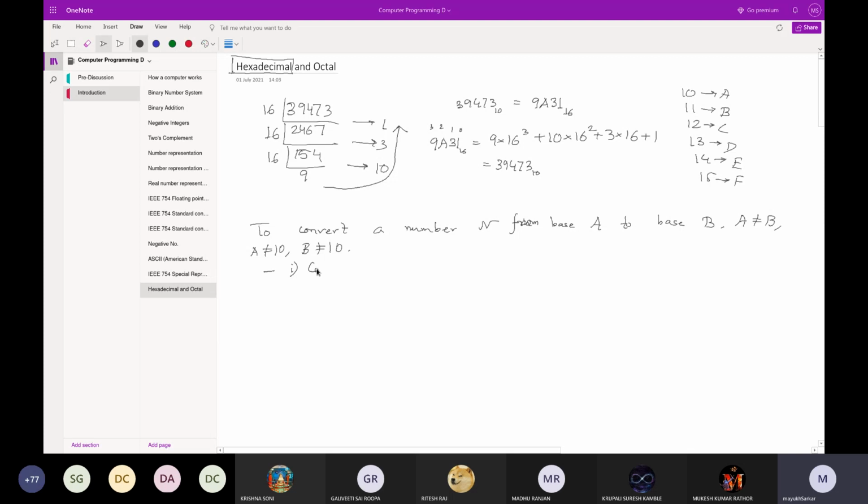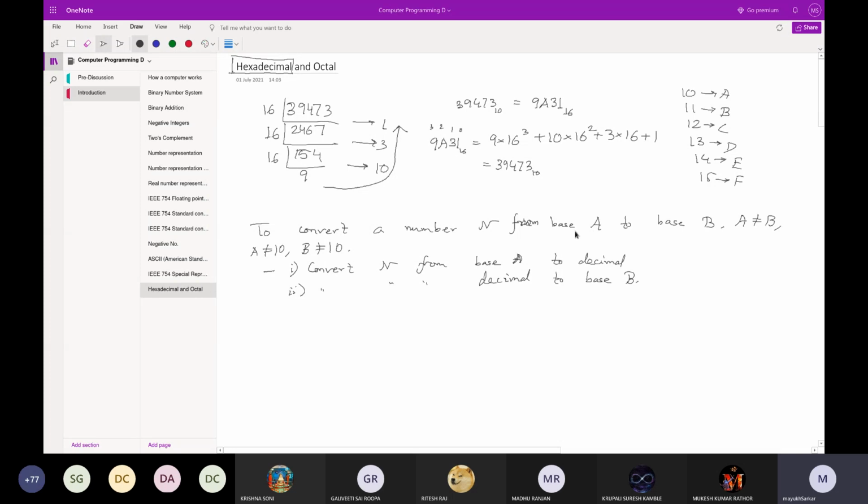Step 1, convert n from base A to decimal, and then step 2, convert n from decimal to base B. This is what we have seen.